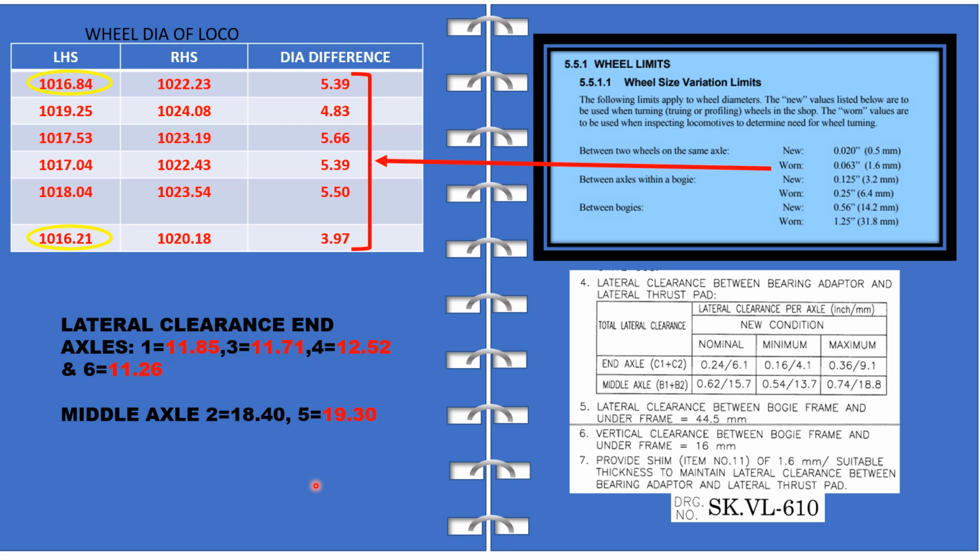So the wheels lie at rejection limits, both as far as wheel diameter is concerned and as far as the minimum wheel diameter prescribed is concerned. So this loco was lying at condemnation limit, and the cause of derailment was poor maintenance of loco wheels.